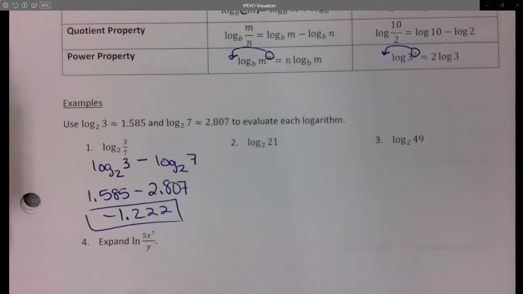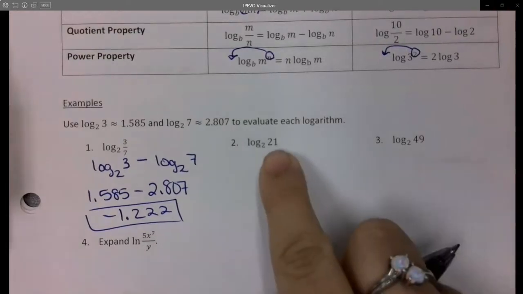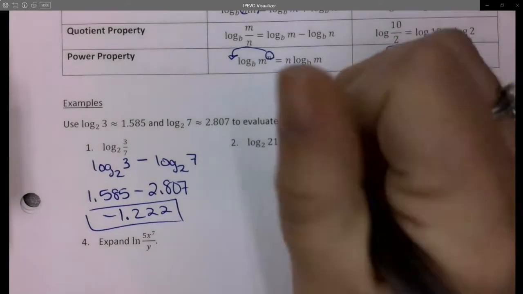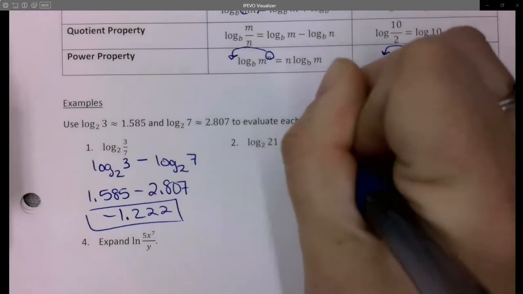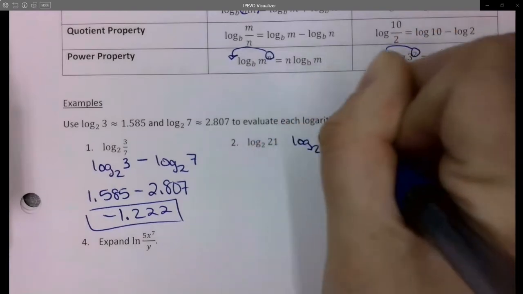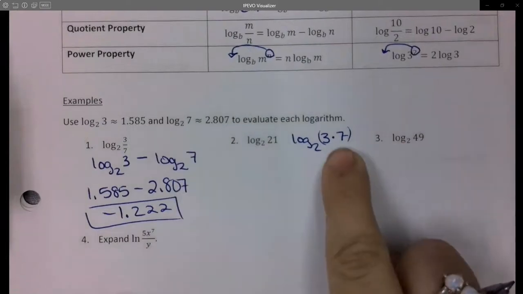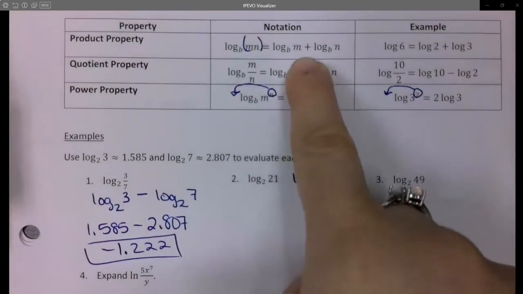Okay. Number 2, it wants me to rewrite this. How can I rewrite 21 in terms of 3 and 7? Okay. So I'm just going to rewrite so I see that 21 is 3 times 7. So because it's multiplication, I would split them up by adding them.